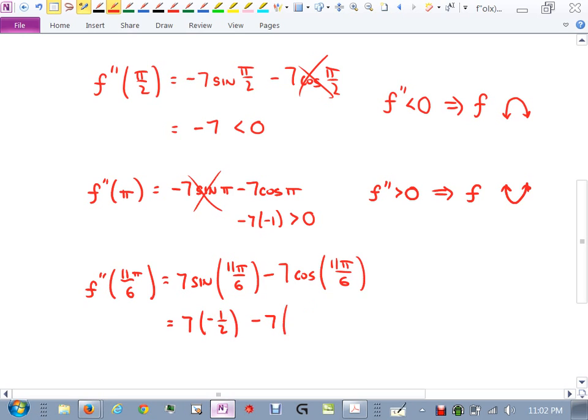Then cosine of 11 pi over 6 is the x coordinate there, which is root 3 over 2. Now let's see, we're going to have negative and negative. That should all be negative, so that should be less than 0, which means my second derivative is less than 0 there. And if it's less than 0, then that means my original function is concave down there.